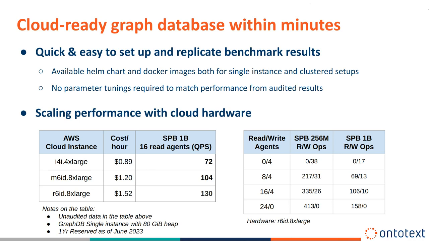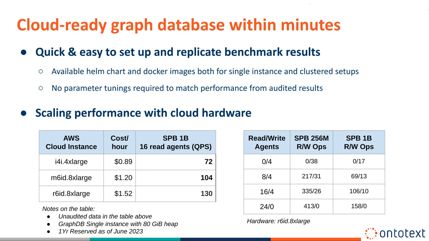In terms of a cloud-ready graph database, we're happy to say that all of the results that we've audited are easy to replicate, and it could be done with our Helm chart or with our Docker images for both a single instance or a clustered setup. And no parameter tuning is required to match the performance from the audited results.